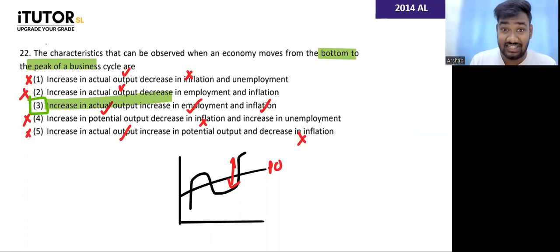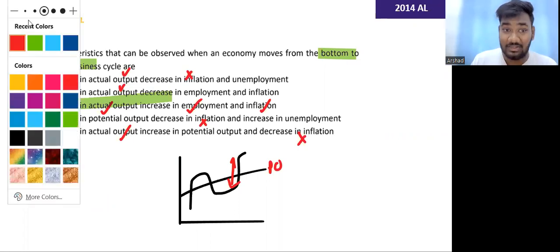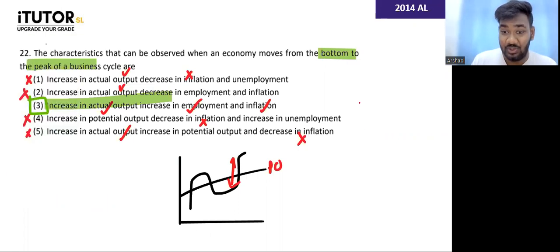Why is inflation increasing? I think I explained that over here, right? Why does inflation increase, guys, during the expansion stage? It's because the aggregate demand increases. The people are willing to spend more and more. That's why the output increases. Aggregate demand increases, which we have learned in unit number 7, right? In unit number 7, you all learned demand pull inflation. When the aggregate demand in the economy goes up, what happens? Prices start to go up, right?